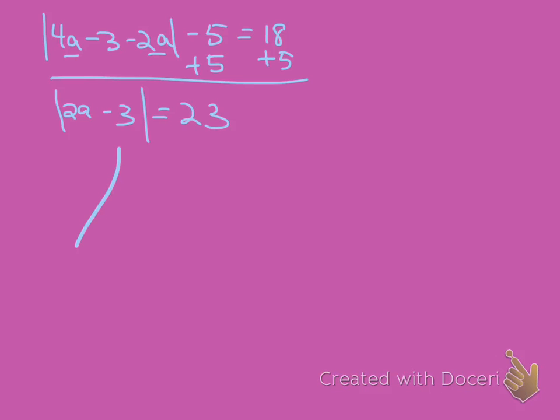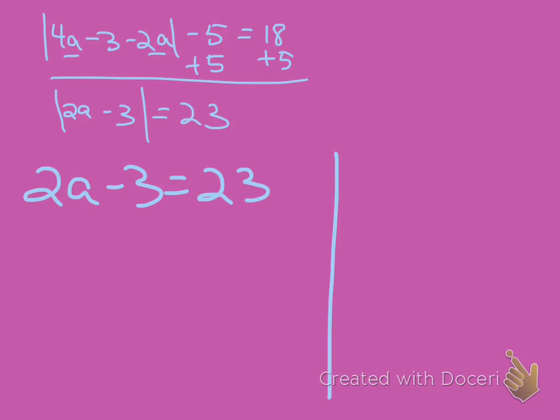So this is going to become 2 pieces. It's going to be 2a minus 3 equals the positive 23, and 2a minus 3 equals the negative 23. Then we just solve like we were doing before.